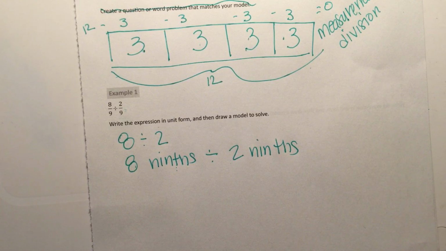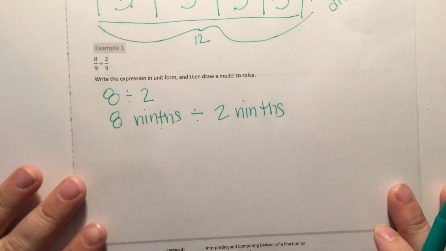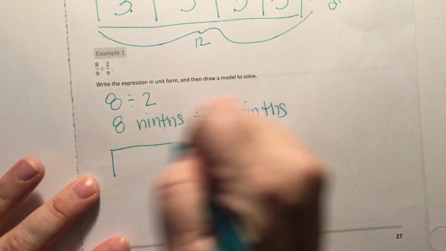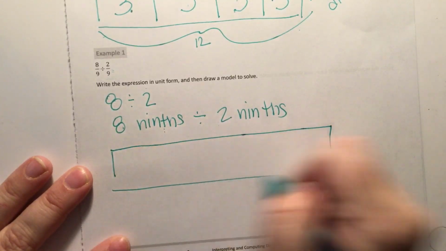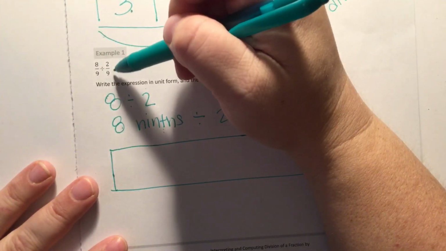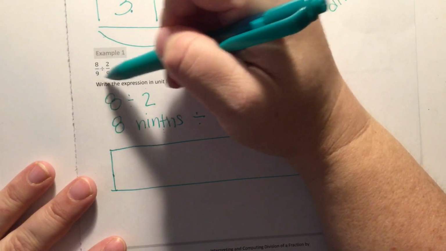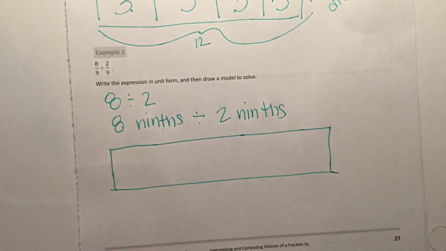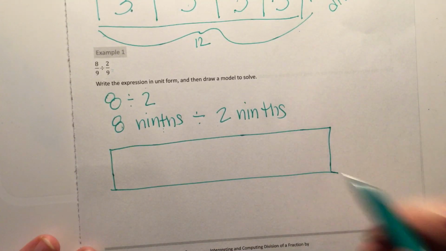So when we're doing our model, we're doing groups, like a little bit like we did yesterday, okay? So we're going to take our tape diagram once again. And if we look at our fraction here, guys, how many do I have? I have 9, okay? 9 is a tricky one because it's not even. You can't just go 1 in the middle, okay?